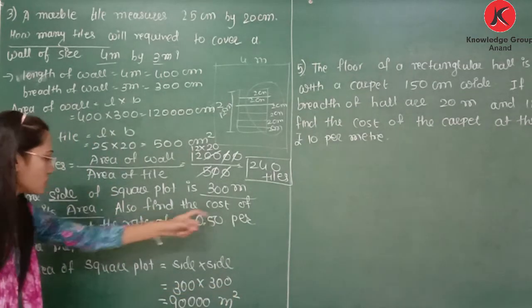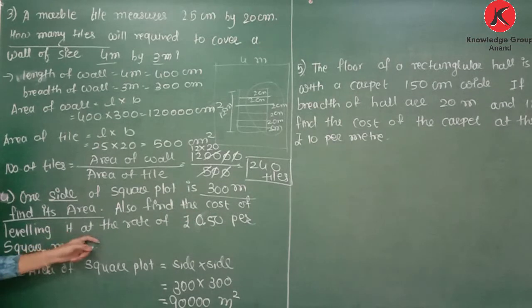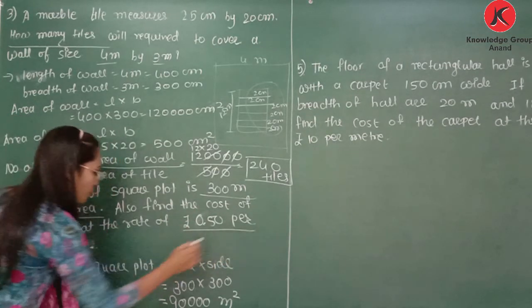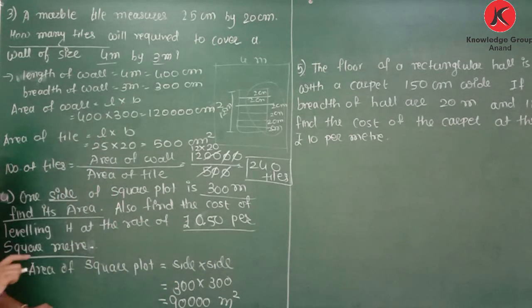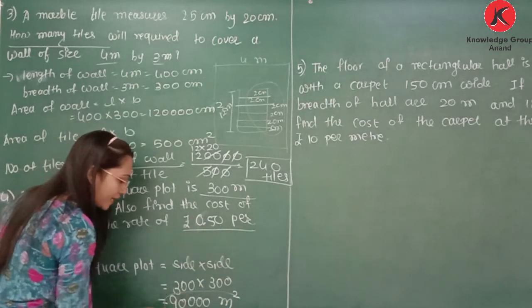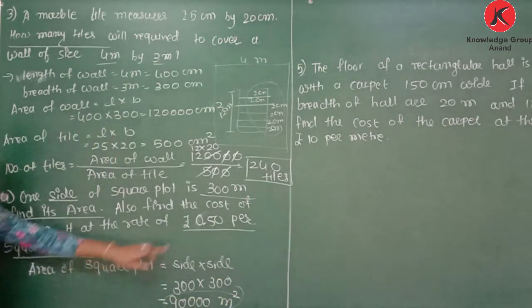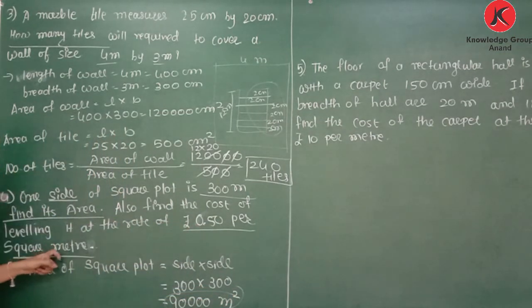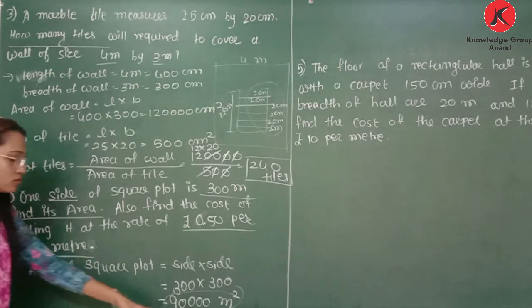Also find the cost of leveling it at the rate of 50 paise per meter square. It means cost for 1 meter square is 0.50 rupees. We have 90,000 meter square. This cost is for 1 meter square. How many meters square we have? 90,000.